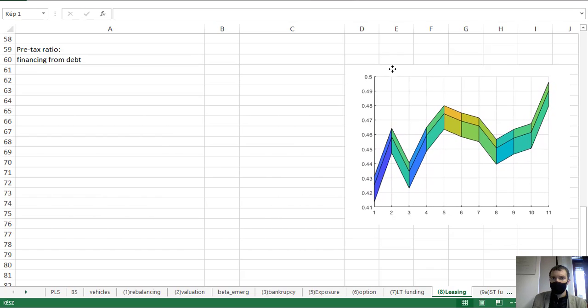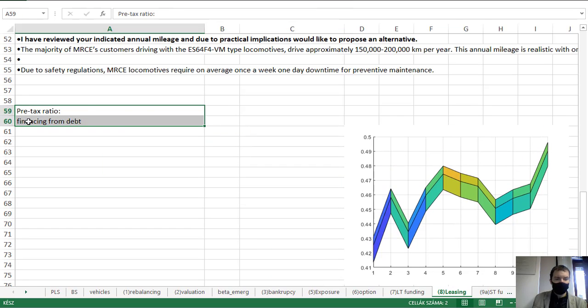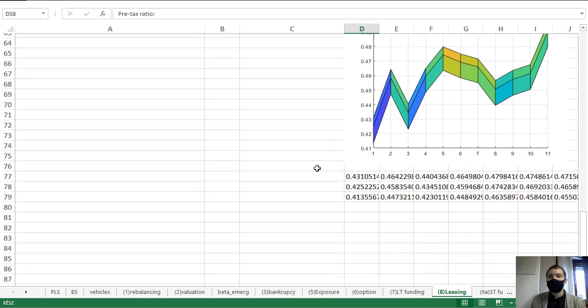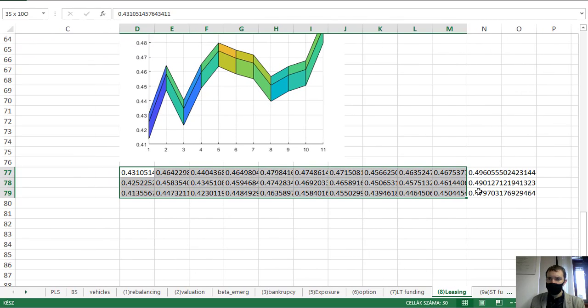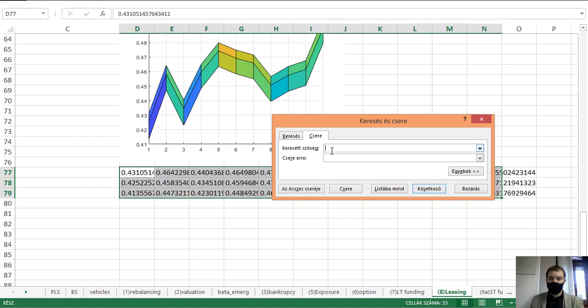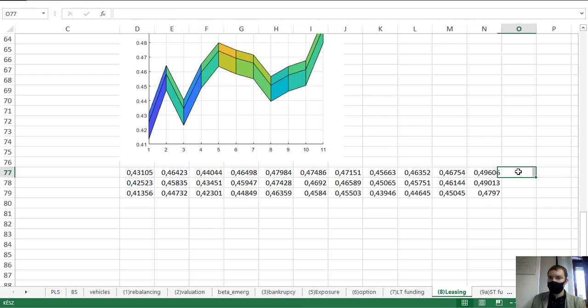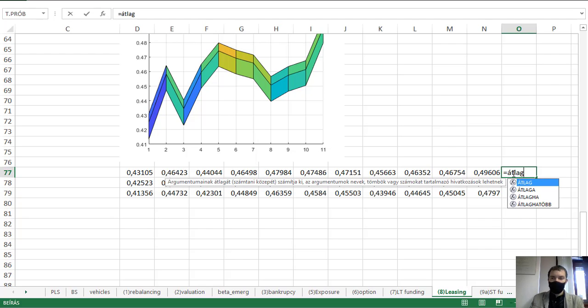Okay, let's maybe move everything to here, and I have to make the usual conversion to make this Central European, and also we have to calculate the mean in Hungarian.